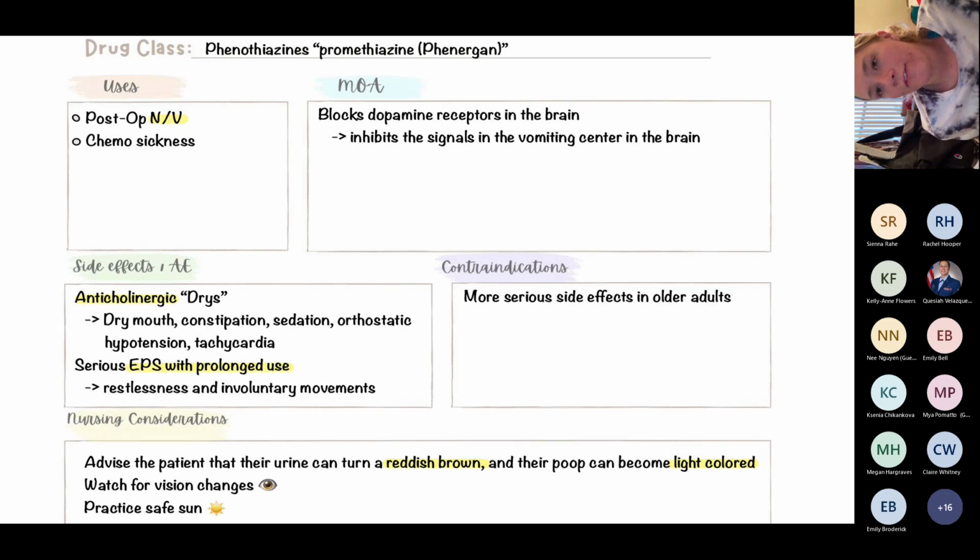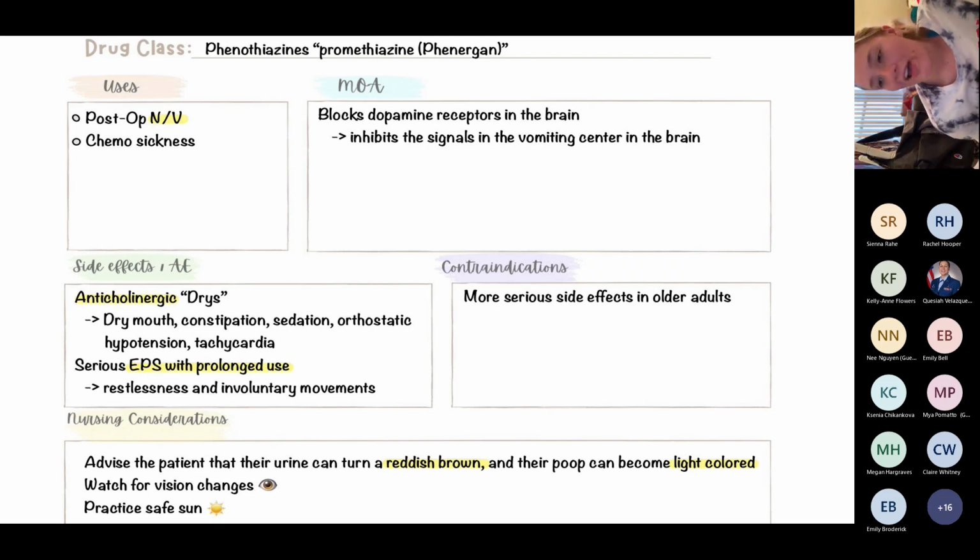Up first is our phenothiazine, Phenergan. These help with nausea and vomiting. But a big side effect is our anticholinergic dryness. Additionally, we need to be looking for some extrapyramidal symptoms, such as tardive dyskinesia and akathisia.